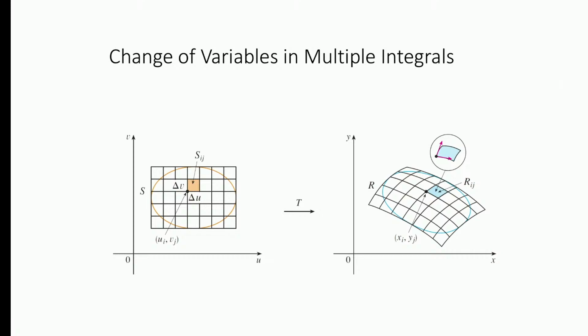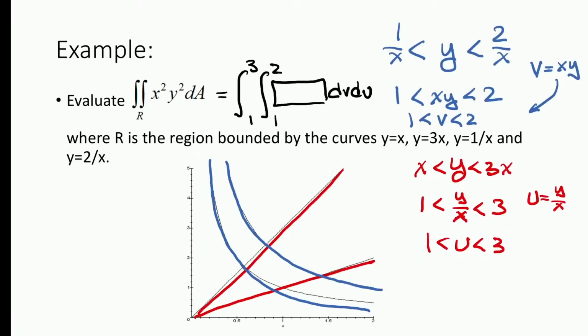If you imagine the picture here, if I were to chop this up using u and v, the u would create lines that would look like rays coming out from the origin, and the v would create curved, hyperbolae shapes going this way.